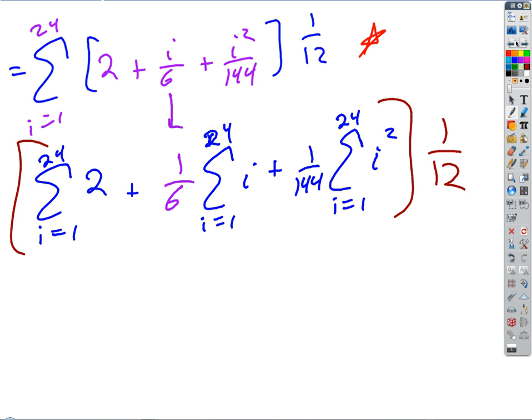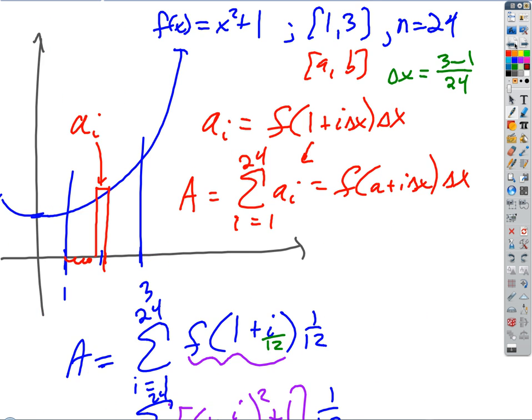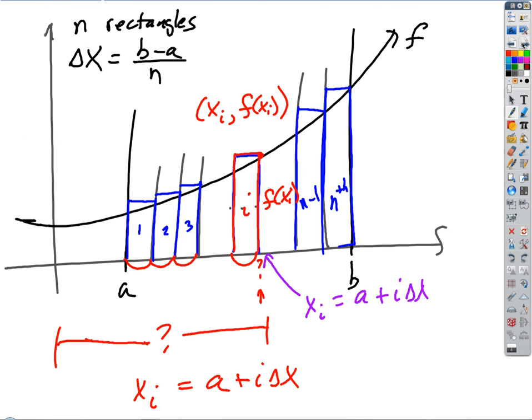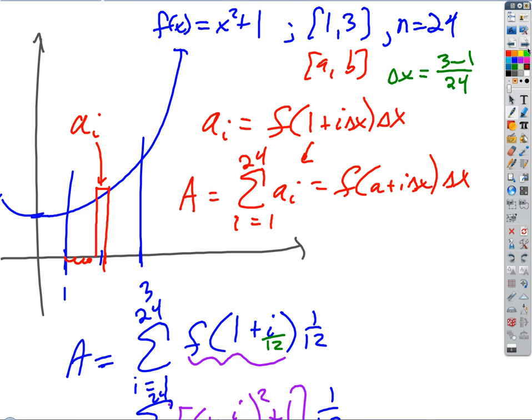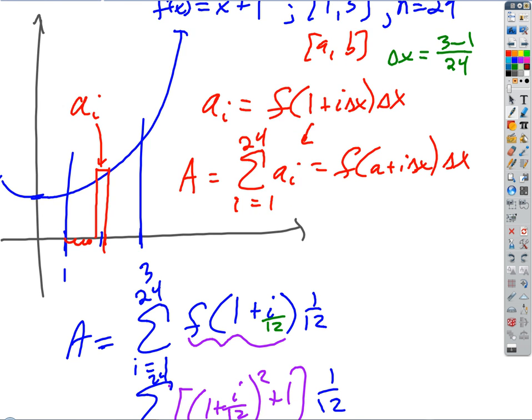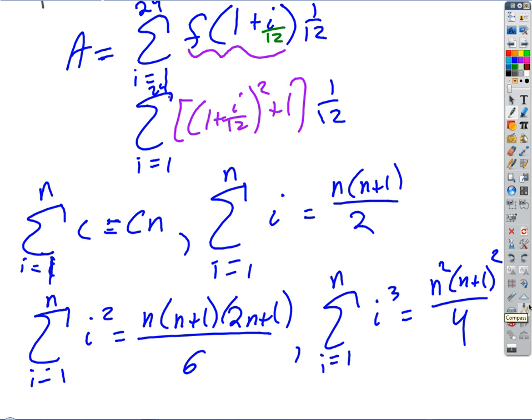And so we can go back to those formulas. We know what n is this time though, don't we? These are all written in terms of a sum of n terms, but n is 24 for us, so we're going to get numerical answers for each of those sums.